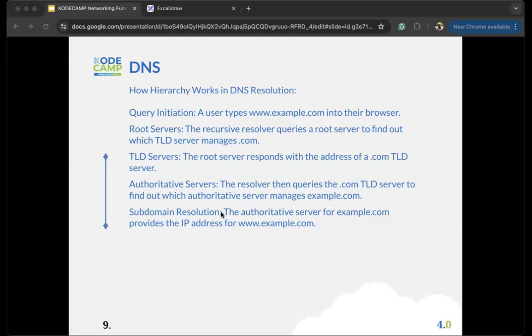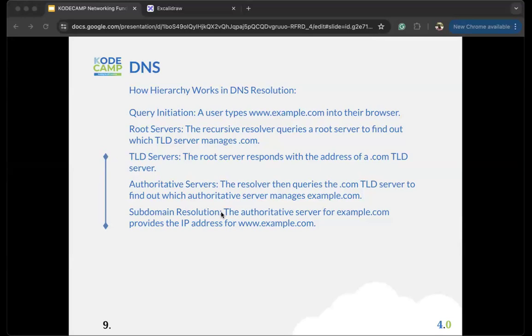Maybe that is a specific name, like codecamp.com or myname.com or example.com, for instance, which is referred to as your authoritative name or your authoritative server. This is registered with the top level domain or the second level domain, depending on how your hierarchy is configured. And then you have your subdomain.